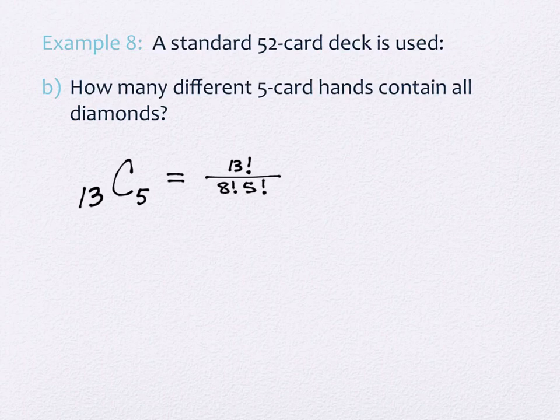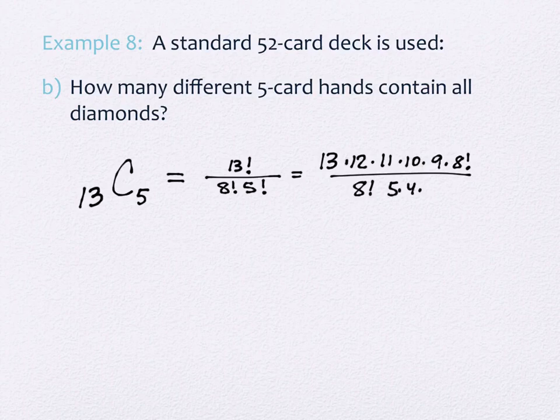And the 5 is how many I did choose. So I'm going to write my 13 out until I get to 8: 13, 12, 11, 10, 9, and 8 factorial, over 8 factorial, and then 5, 4, 3, 2, and 1. So 8 factorial is canceled. That's my first cancellation.